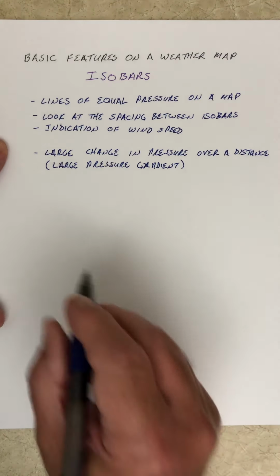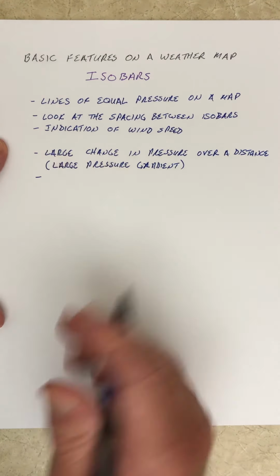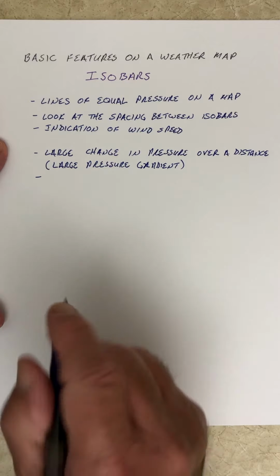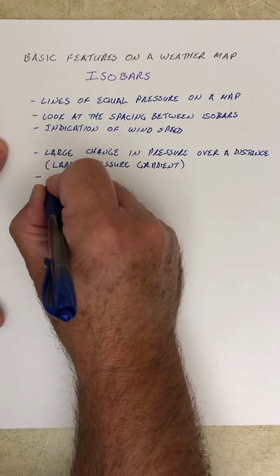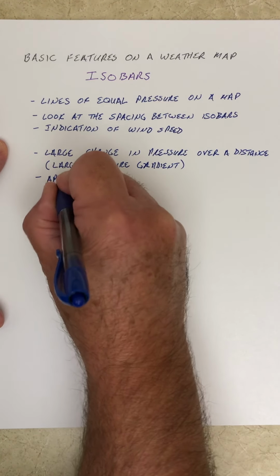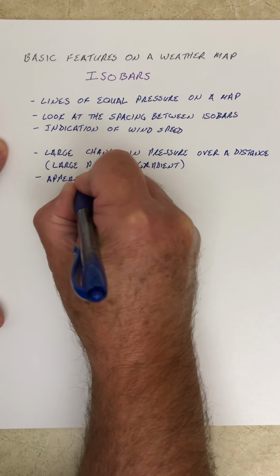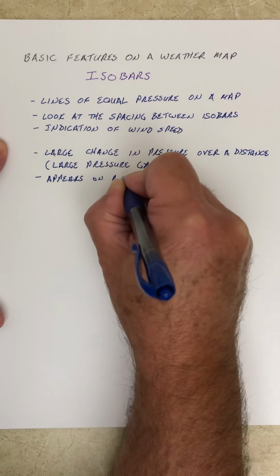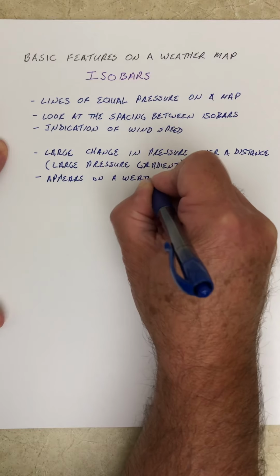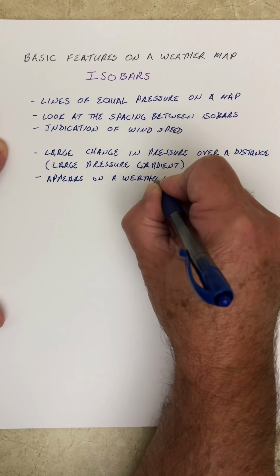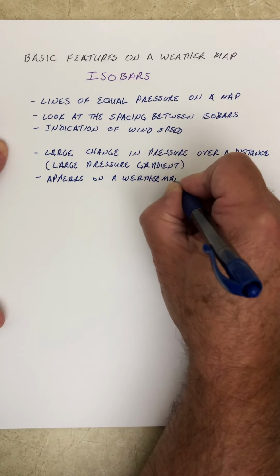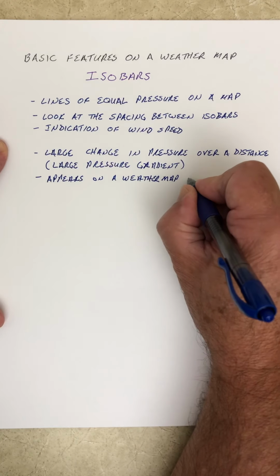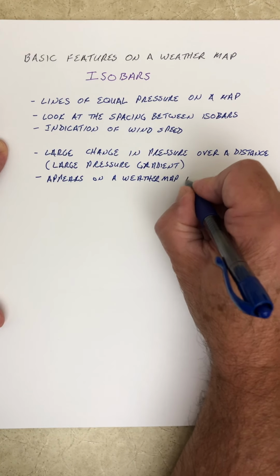All right, and so a large pressure gradient, or a large change in pressure over a distance, is going to appear on a weather map as closely spaced isobars.